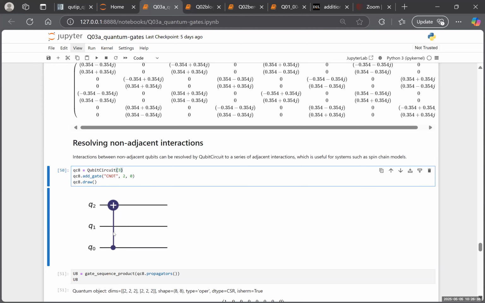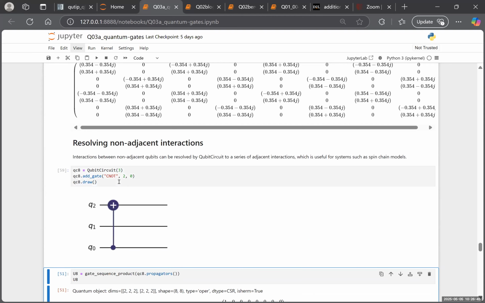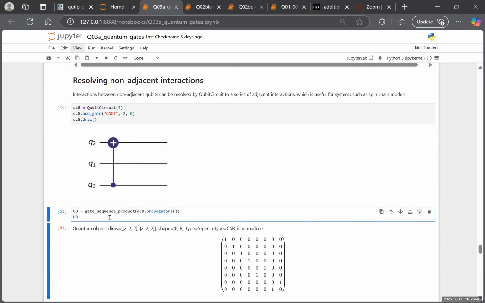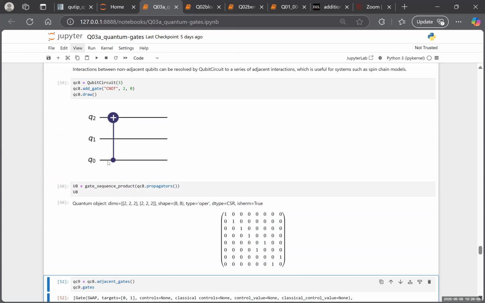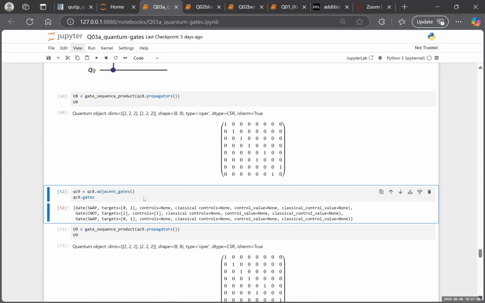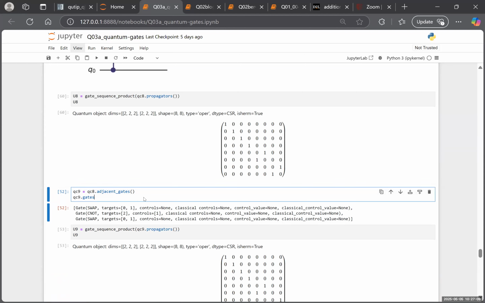So you can see here, there's a circuit with control now from 0 to 2, and you have qubit 1 between. So let's draw this. This is exactly that matrix representation. And what this QuTiP package allows you to do is say, I want to have an adjacent gate.